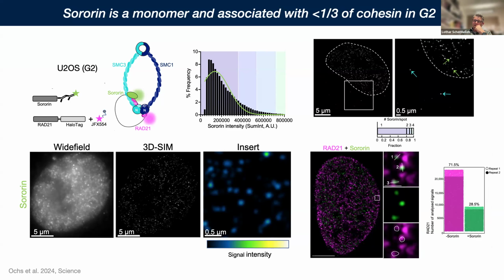This suggests that sister chromatid cohesion is really exerted by monomeric cohesin, and the complementary notion would be that loop extrusion is probably associated with those dimers of cohesin.